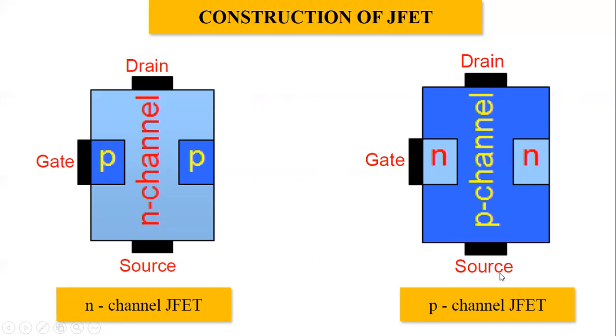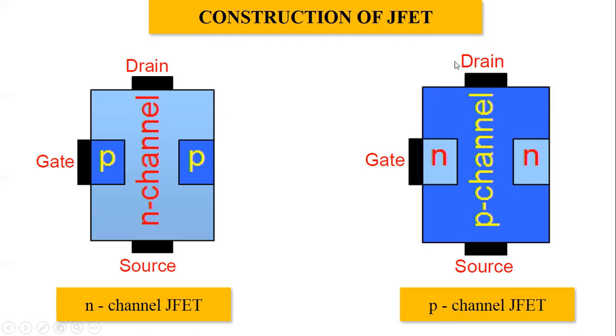So between drain and source terminal we have a P-type semiconductor. So current is going to flow through this P-type semiconductor. We call this a P-type channel, right? And this current is going to be controlled by these N semiconductor regions, N type material, which are connected to each other with the help of a metal. We call this gate.